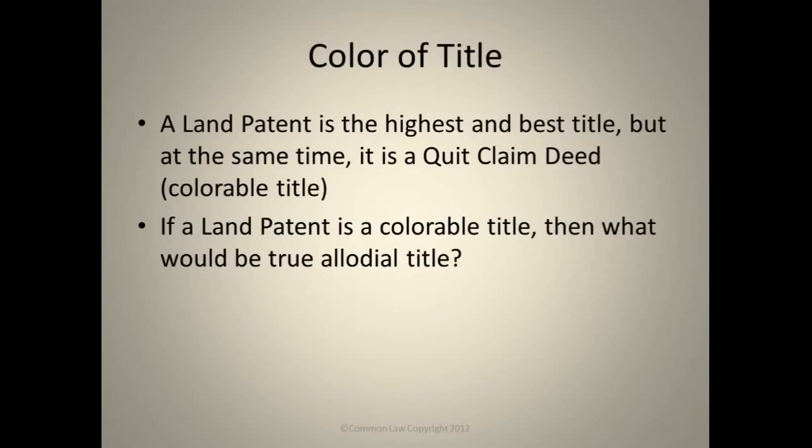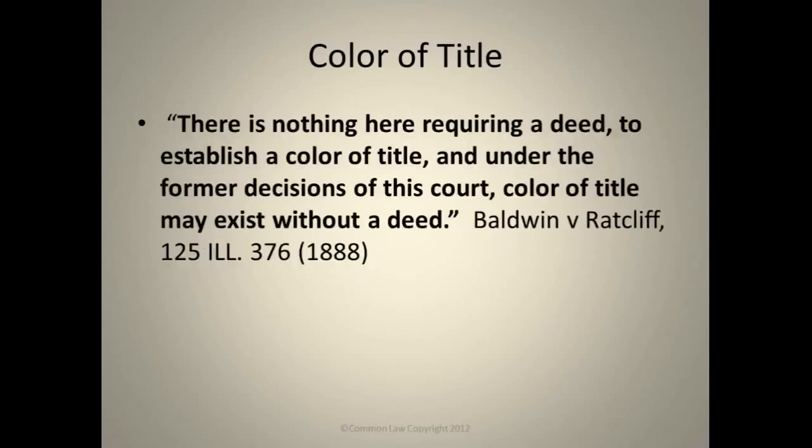If a land patent is a colorable title, then what would be true lawful title? Quite frankly, it's all colorable title. If you get a First Nations de jure chief to grant you a patent on some First Nations land, I bet you could get it. I don't know about the land under Congress, but you could certainly get it under some legislature somewhere, and you'd probably get it.